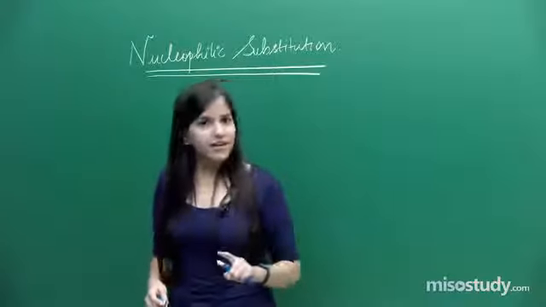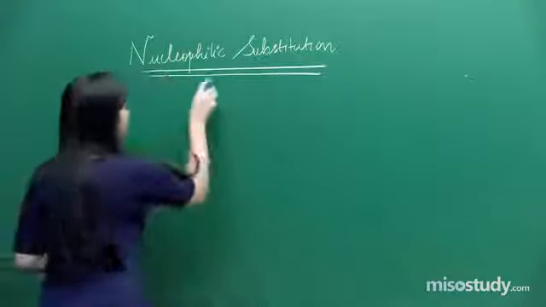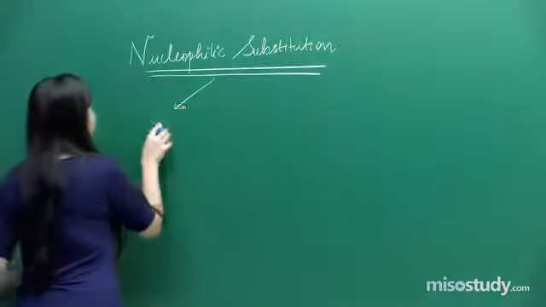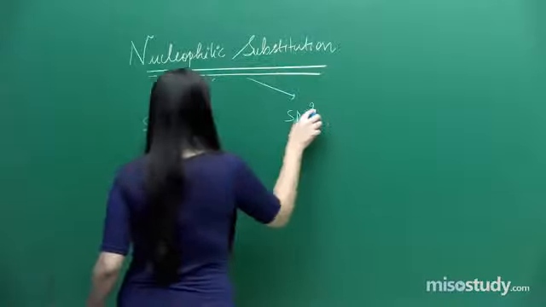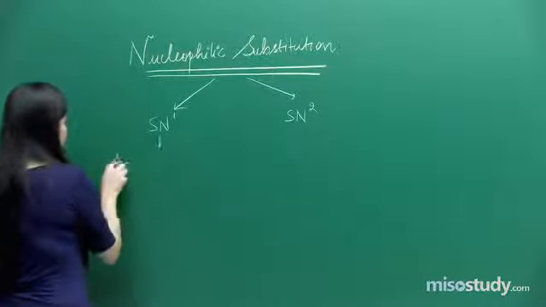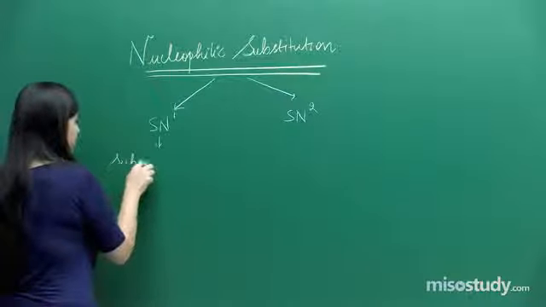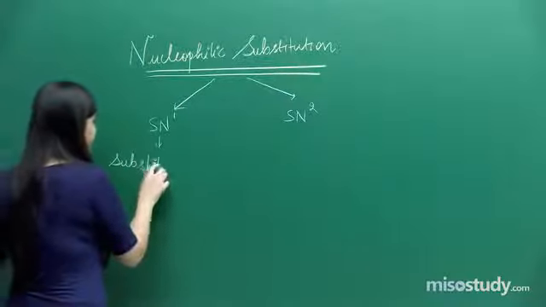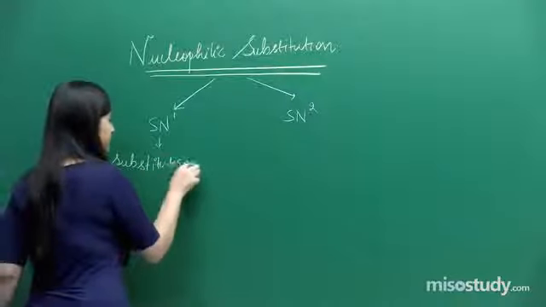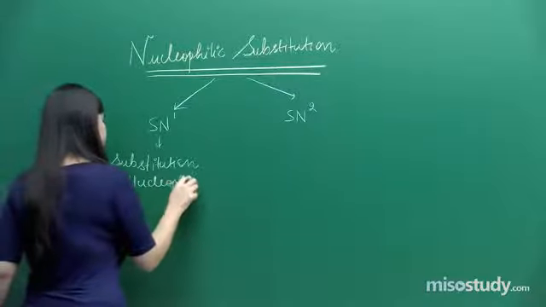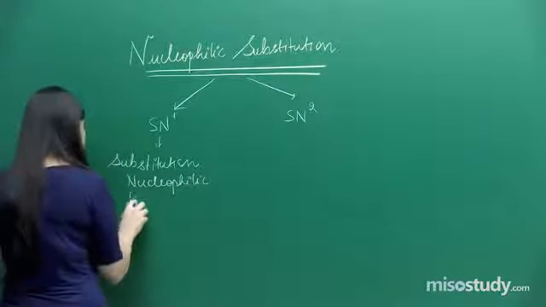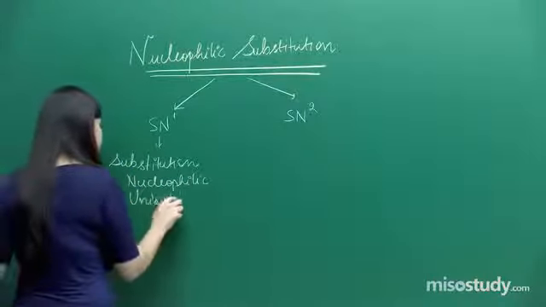Now what we had started off with was the types of nucleophilic substitution. First was the SN1 and the second one was SN2. This is none other than substitution, nucleophilic, unimolecular, right?